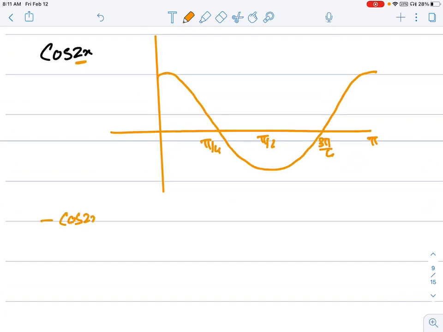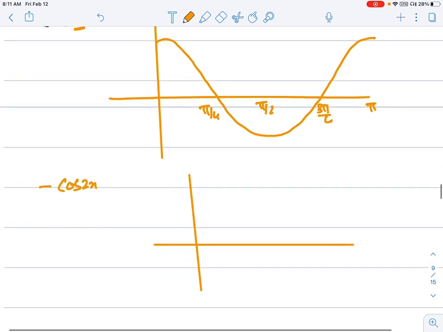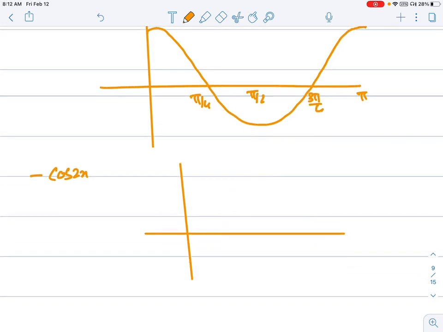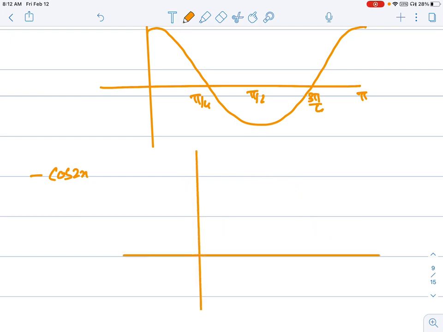Now step 3, minus cos 2x. So what am I going to do for minus cos 2x? The same graph but upside down. So it goes in this way. Let me draw neatly somewhat. So step 3, the same graph, but in the opposite way.